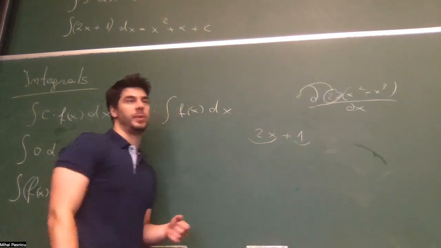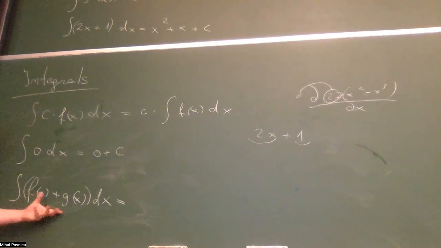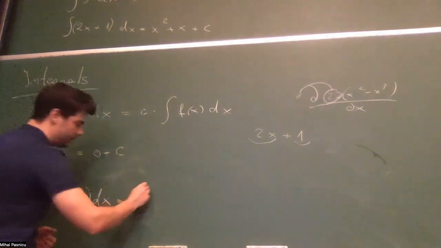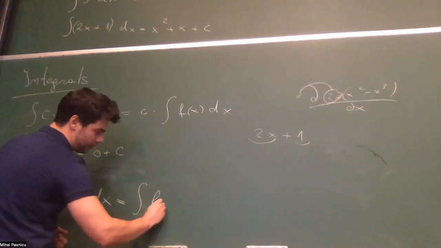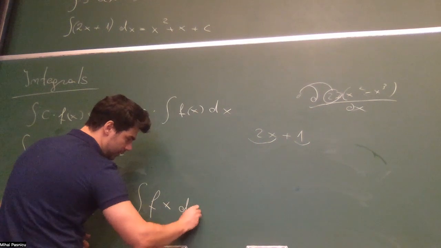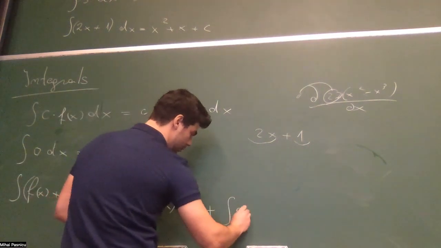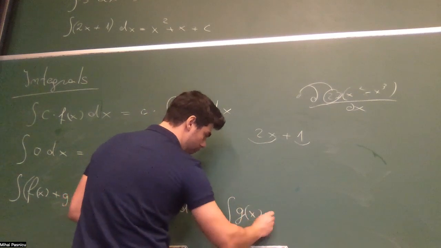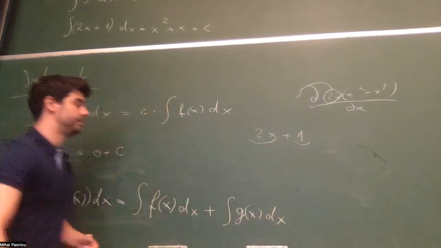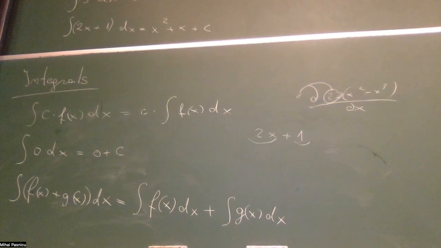What derivative gives me this? That's the whole idea here. If you have the integral of a sum of functions, you can just split it up. It's equal to the integral of f of x dx plus the integral of g of x dx.